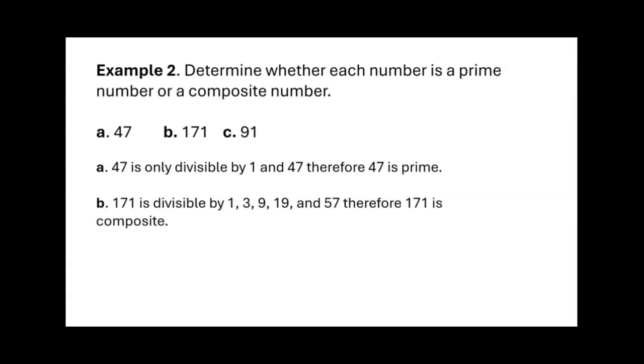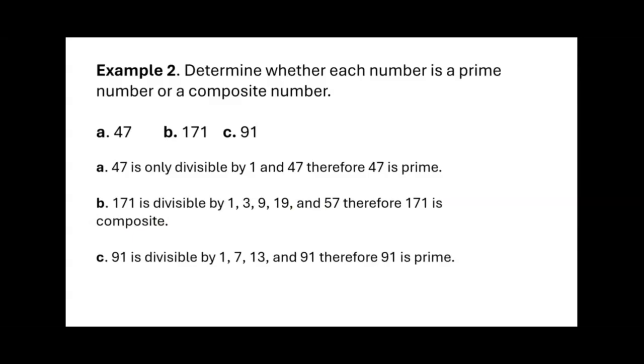The next number, 171, is actually not a prime because it has more than 2 divisors. It's divisible by 1, by 3, by 9, by 19. So therefore, this is composite. The last one is 91.